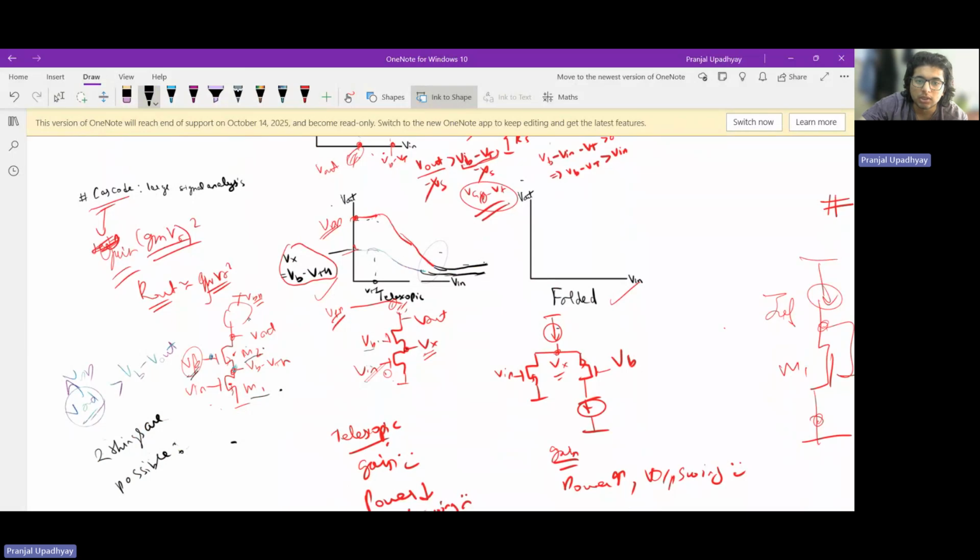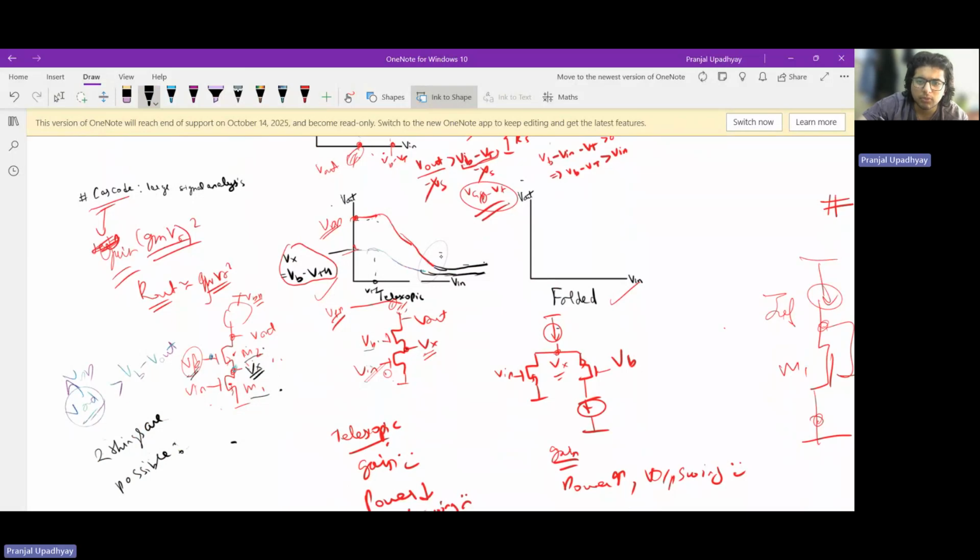Because the drain of M2 is Vout. And M1 can go into triode first if Vx basically falls below Vin minus VT, right?